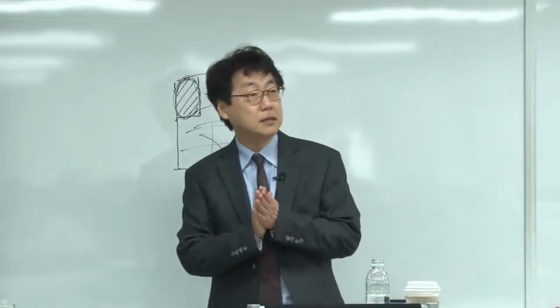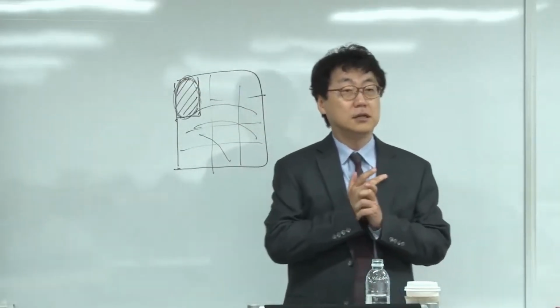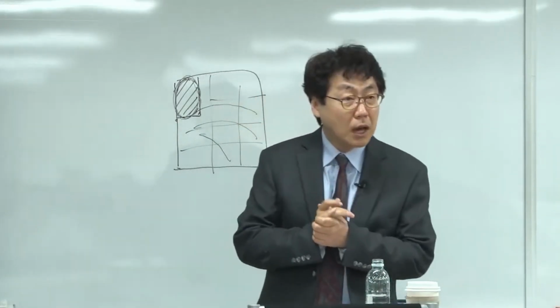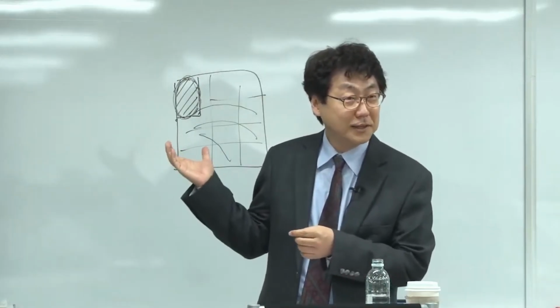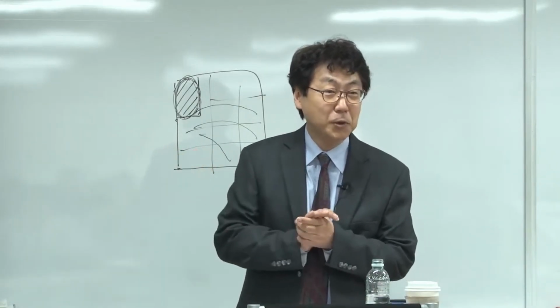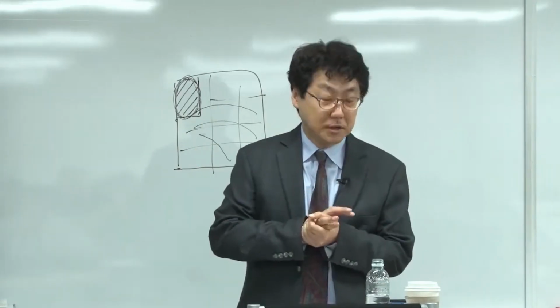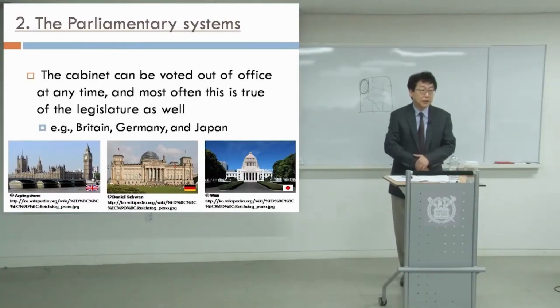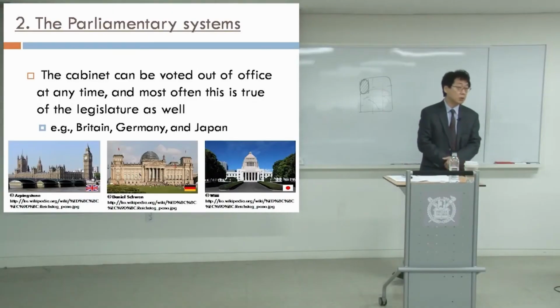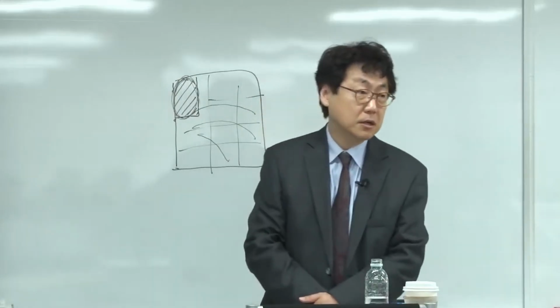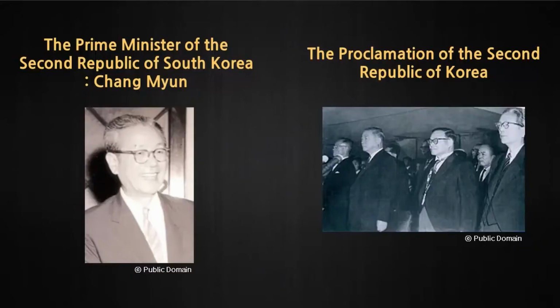How about Korea? Right now, we already saw the Korean flag, right? So right now we do have presidential system. Yes, what we call the Second Republic, right? 제2공화국. Right after the April 19th student movement, up until May coup d'etat by Park Chung-hee.